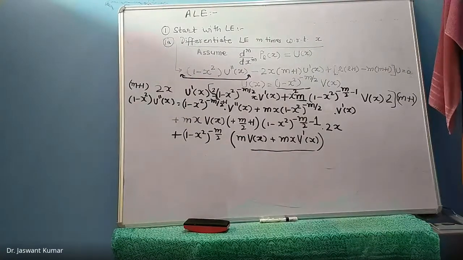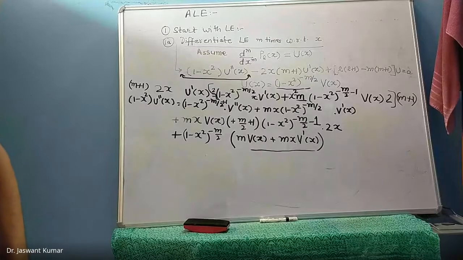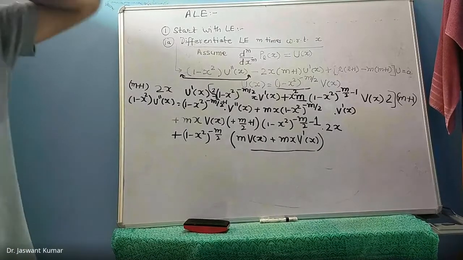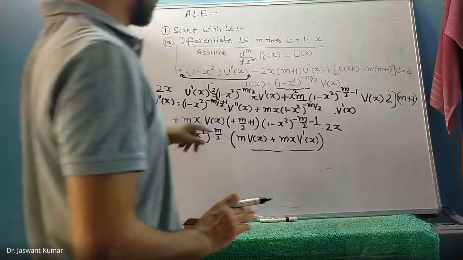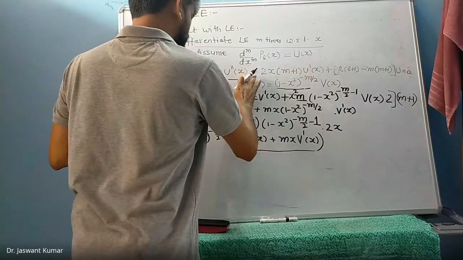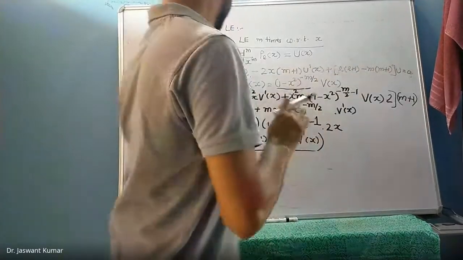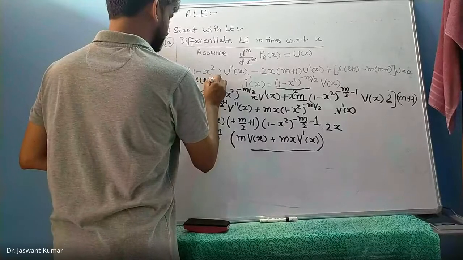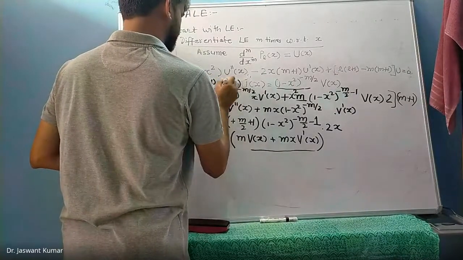So if that makes sense, then we have obtained... Now the third term was L into L plus 1 minus M into M plus 1. So we write it as L into L plus 1 minus M into M plus 1 times U of x.